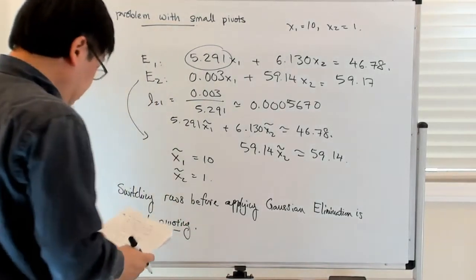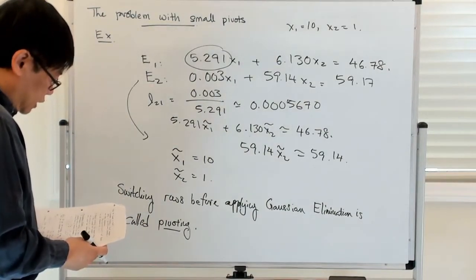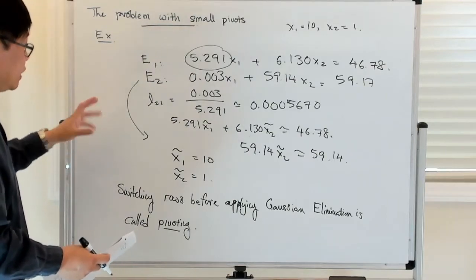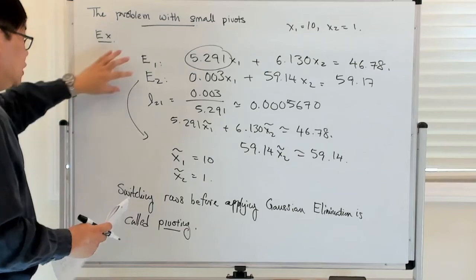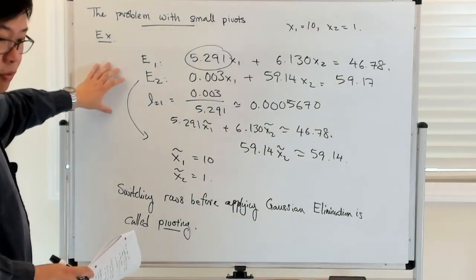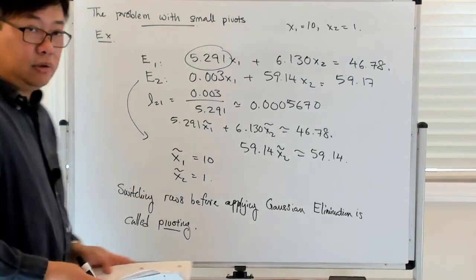It's something to observe that pivoting does matter, or this process of potentially switching the equations around does matter. We'll talk a little bit more about how to do this systematically. So let me just stop here for now.